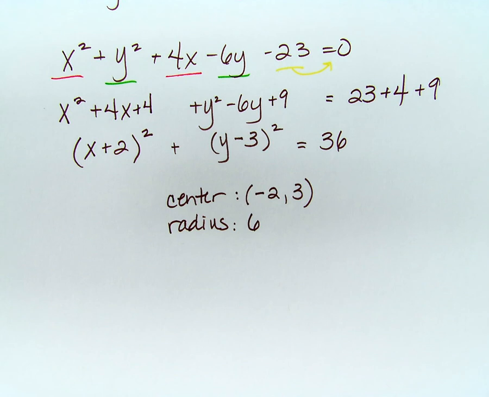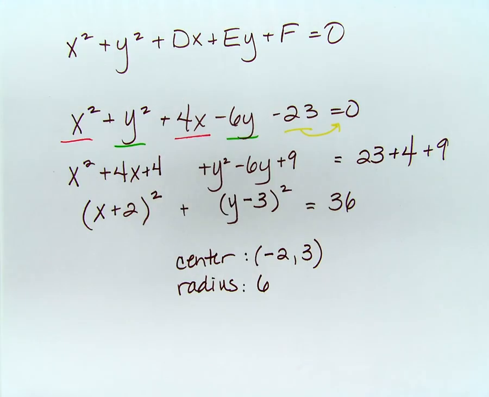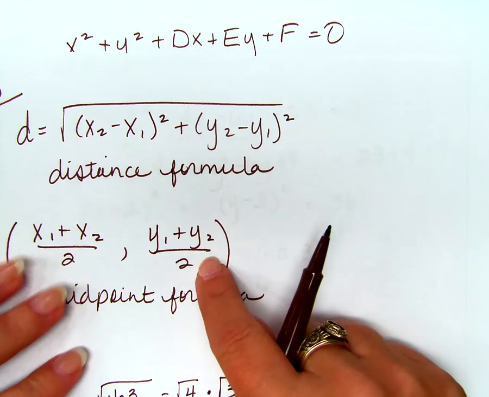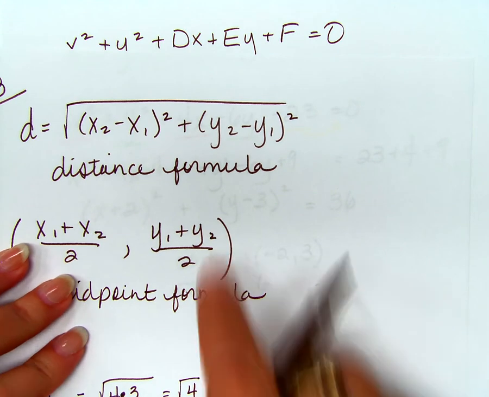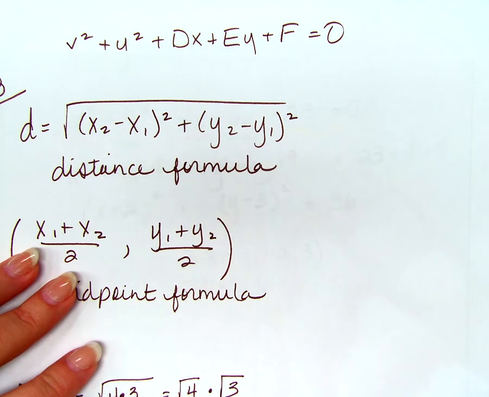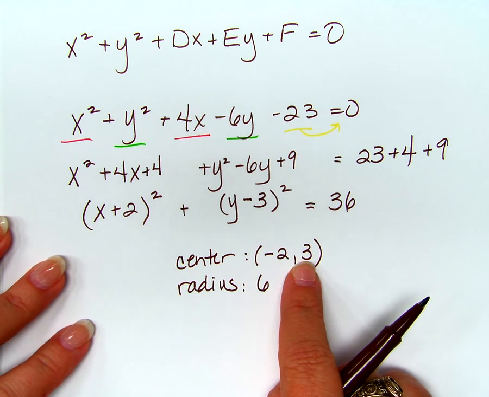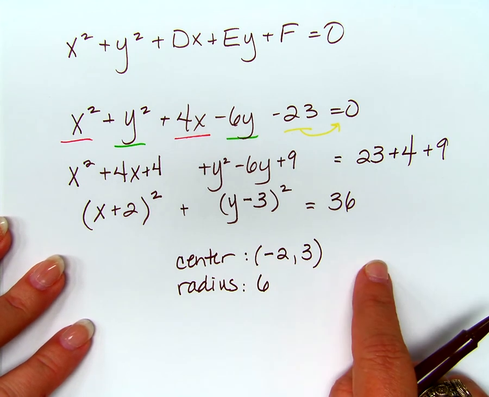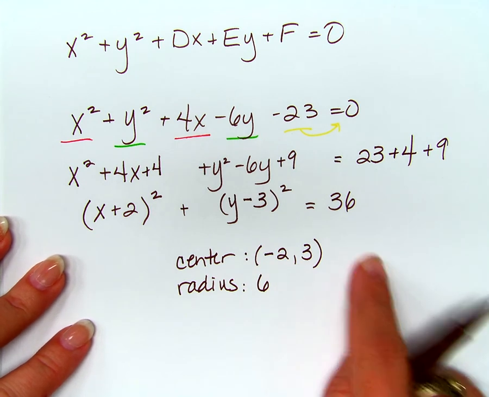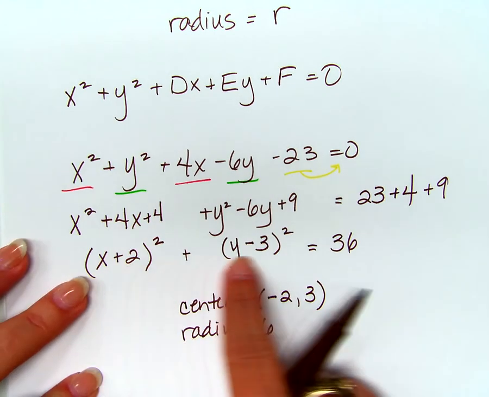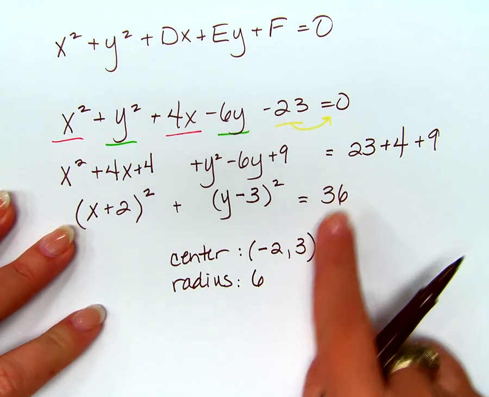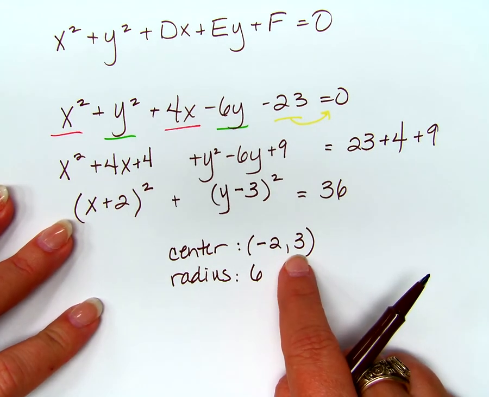One of the things that you're going to have to do with the distance formula, and with the midpoint formula, not so much with the midpoint formula, but with the distance formula for sure, it's going to tell you the center of a circle and a point that the circle passes through. Can you find the equation set up in this format if you know the center and a point that the circle passes through?